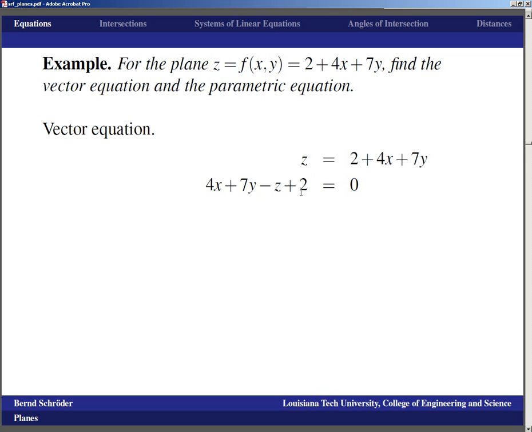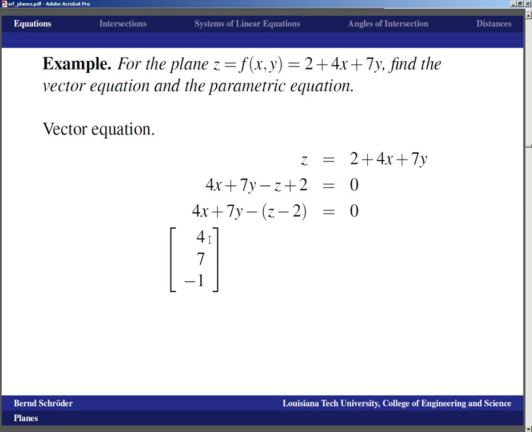Well, the 2 I can absorb into one of those variables, and if I have factors in front of anything, I would just have to factor things out the right way. So for example, if I wanted to combine the 2 with the x, I would end up with 4x plus 1/2. But here it's actually very convenient. I can say 4x plus 7y minus z minus 2 equals 0 in parentheses.